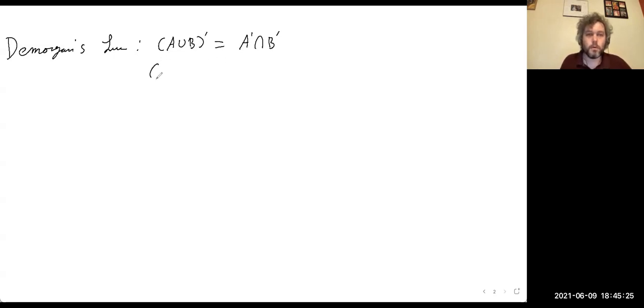You can also write A intersect B complement as A complement union B complement. So that's saying that the opposite of the intersection is the union of the complements. Okay, the union of the complements. So that's De Morgan's law.